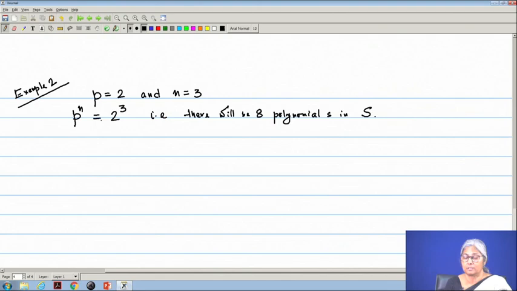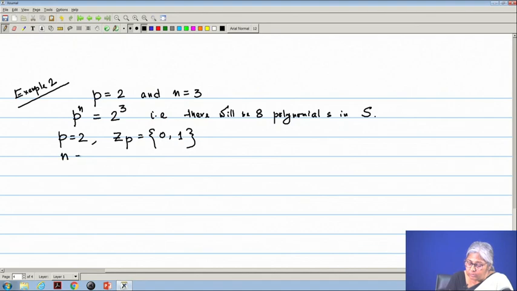Similarly, if I consider the indeterminate as x, here p equal to 2, that is Zp will be only 0 and 1, because it is 0 to p minus 1, and n equal to 3.